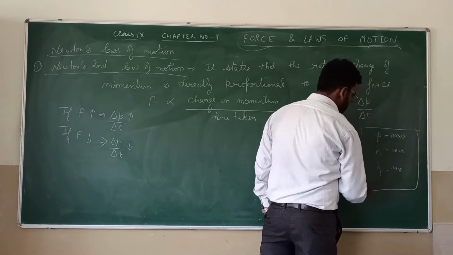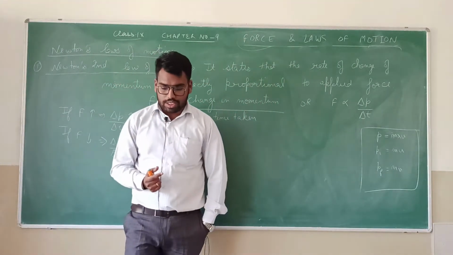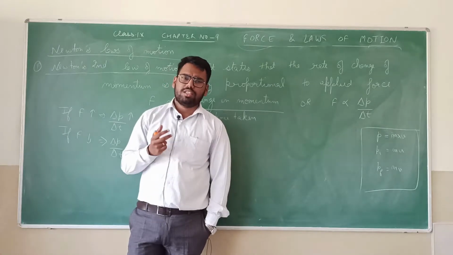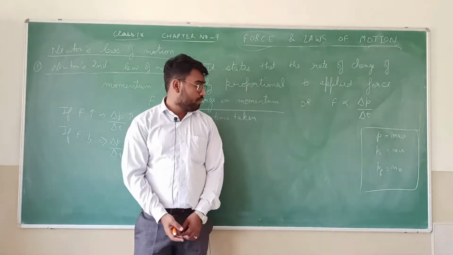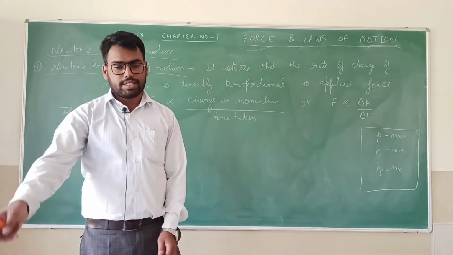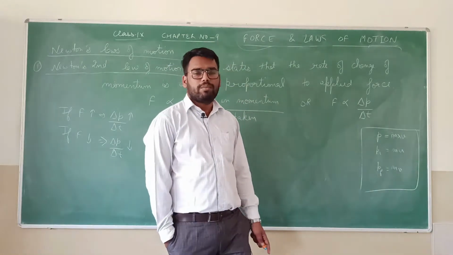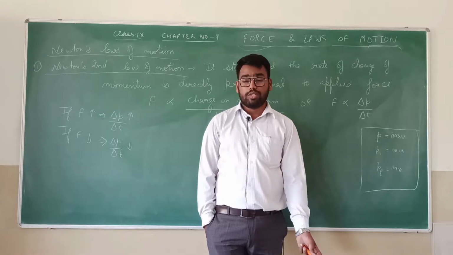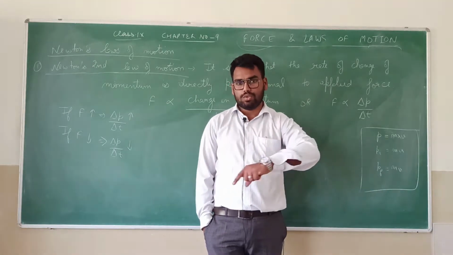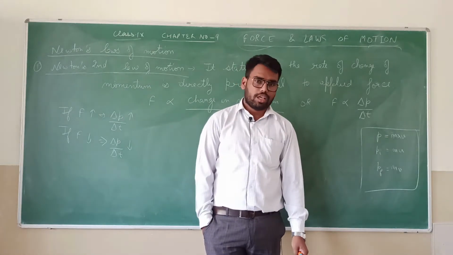I also told you that mass can change, but the change in mass is very small in our cases, so we can neglect it. Let us say a car is driving for 10 or 15 kilometers, so some amount of petrol will burn, which means mass gets reduced. But that change in mass is very small, so we can ignore it.